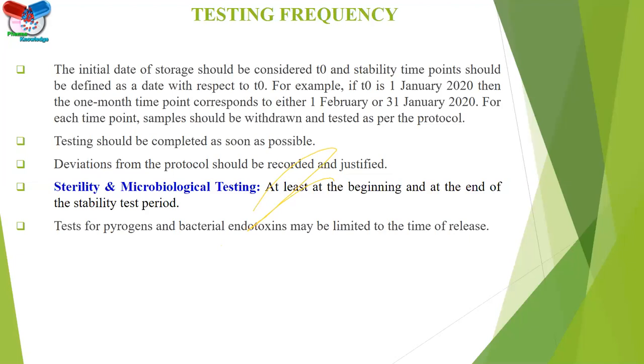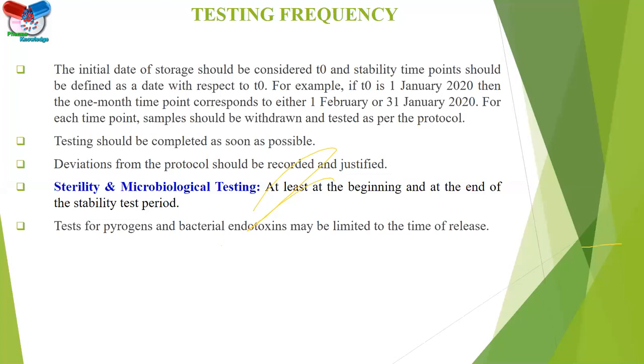The protocol defines when you withdraw, what the window period of withdrawal is, and what the period of testing completion is. This is always defined very well in the approved protocol. Deviation from the protocol should be recorded and justified. Means if there is any deviation with any root cause, it should be justified, recorded and mentioned in your stability report also.